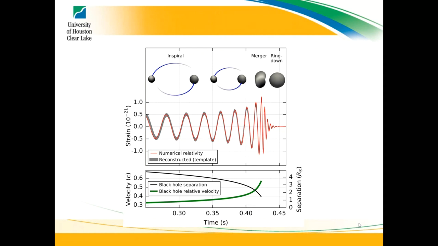There's an in-spiral phase, there's a merger phase where they actually come together, and then there's a ring-down phase where it kind of becomes a spherical black hole. And you could see that in each phase, there's a different level of how much gravitational wave is emitted and the frequency and everything. Most of the frequency comes from this merger phase.